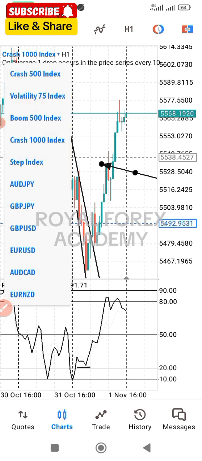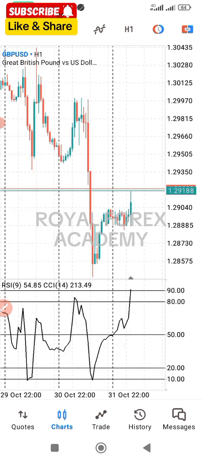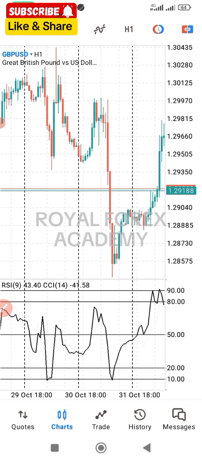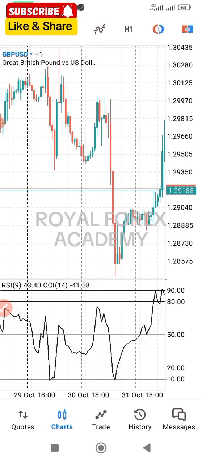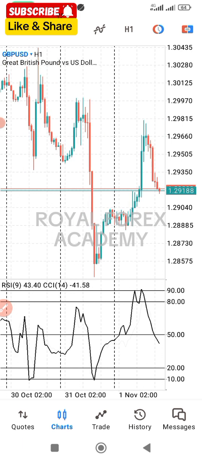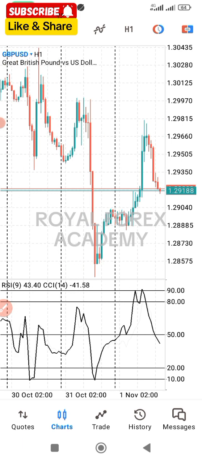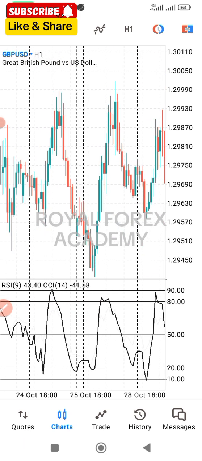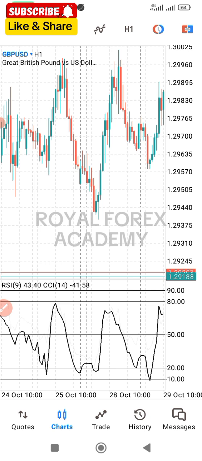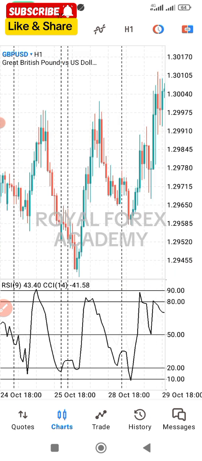So let's move further to see where else we can spot divergence, and see how this divergence can be traded.